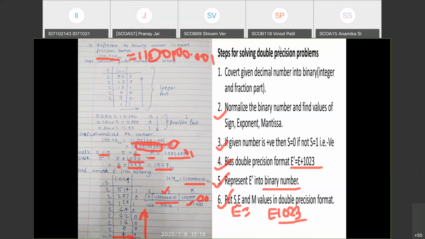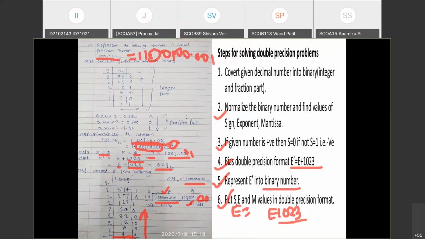Any problem in this? Okay, what is E in binary? It should be 1 0 0. How does it come 1 1 0 0? Where is 1 1 0 0? E in binary. Yes, it is 1 0, 2 divided by 2. It should be 0 0.